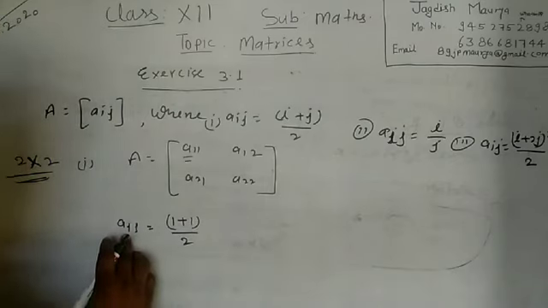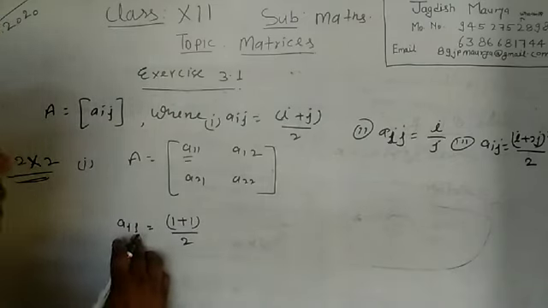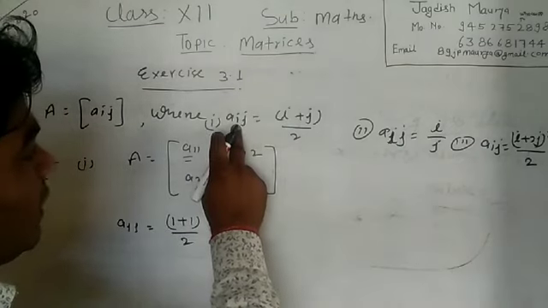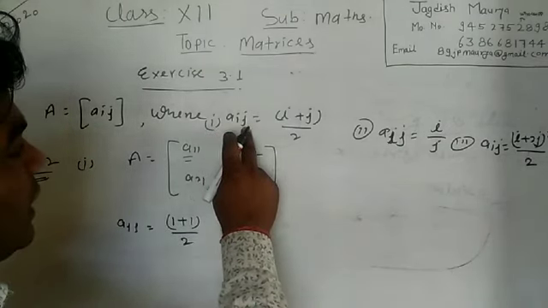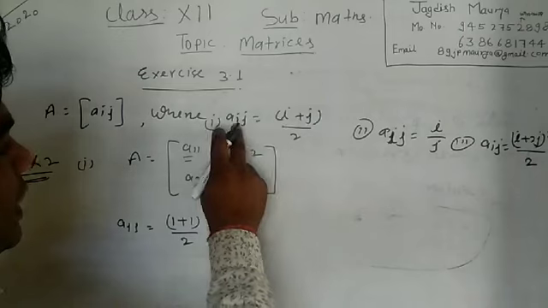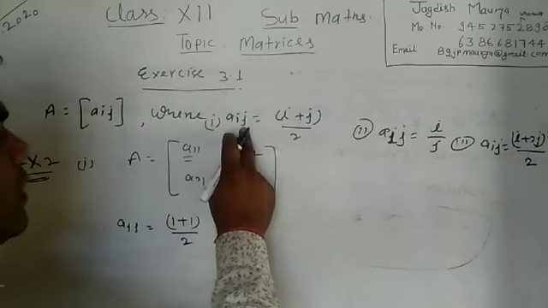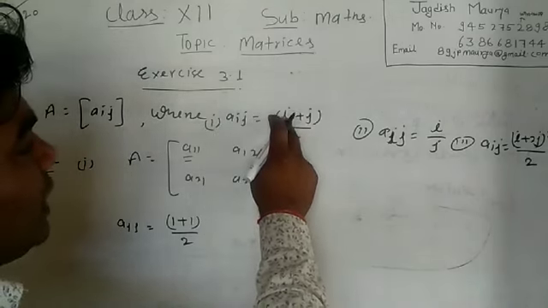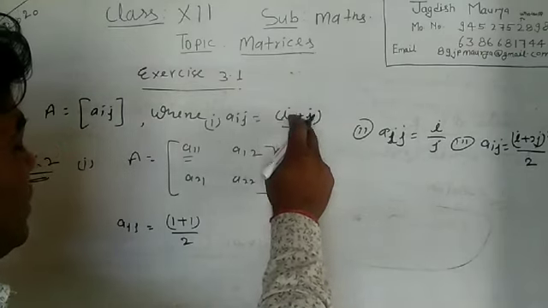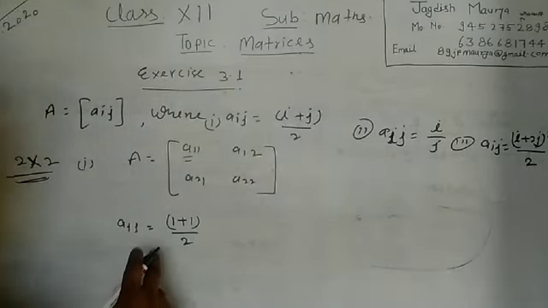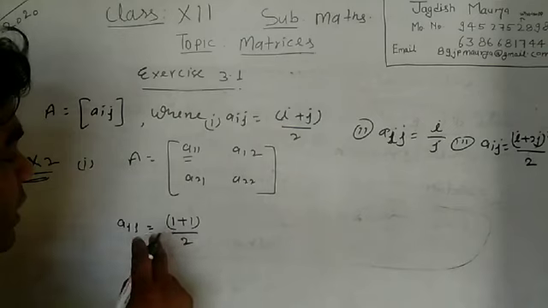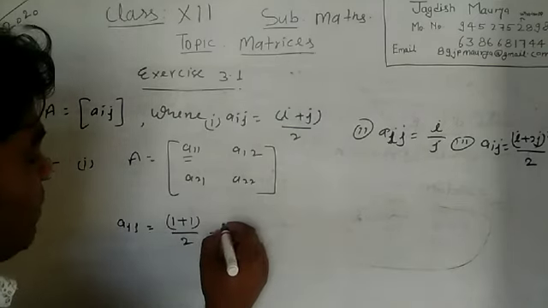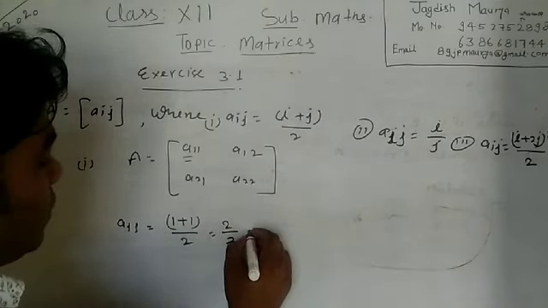Since i equal to 1 and j equal to 1, we put these values on both sides. So A11 equal to (1 plus 1) upon 2, equal to 2 upon 2, equal to 1.